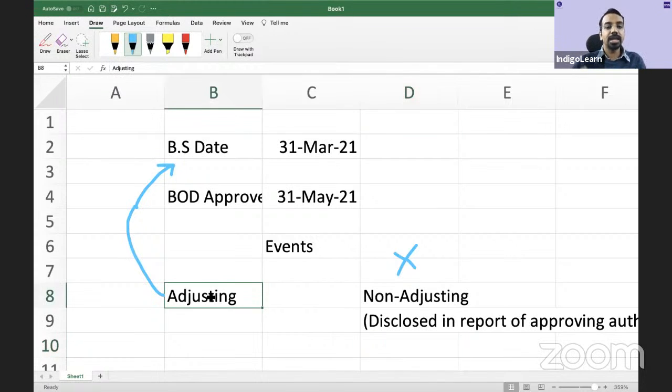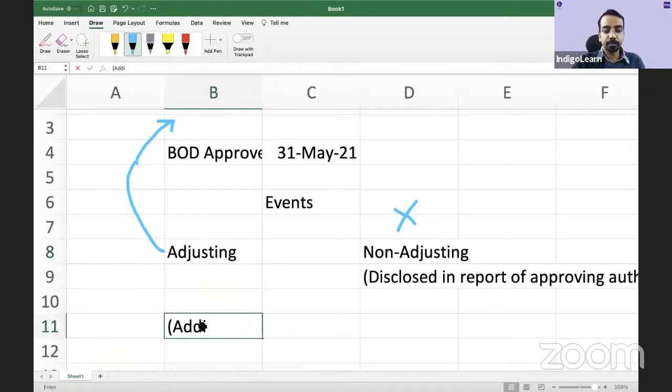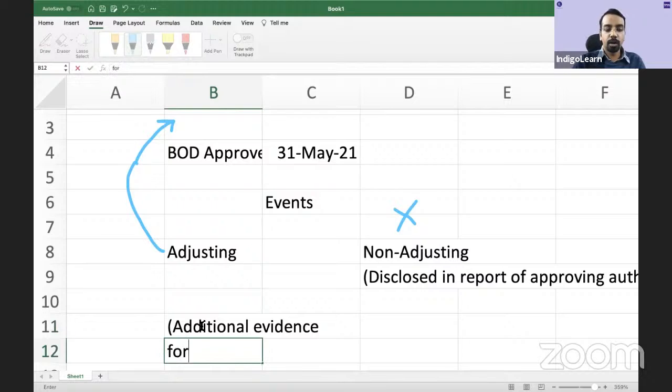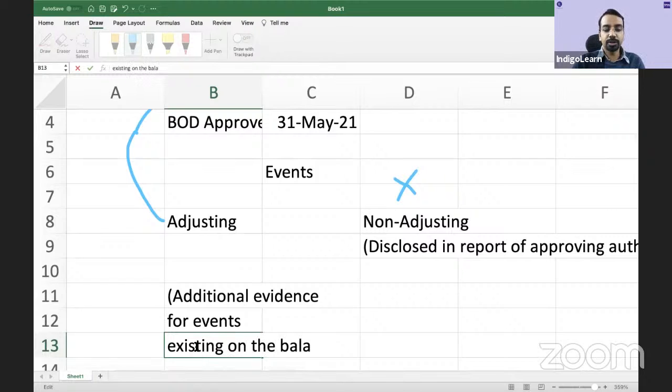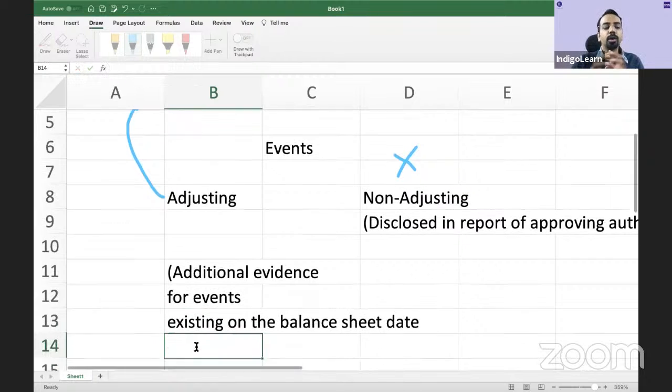Now, when do we say that an event is an adjusting event or a non-adjusting event? The key term here is additional evidence for events existing on the balance sheet. Now, what do I mean by that?